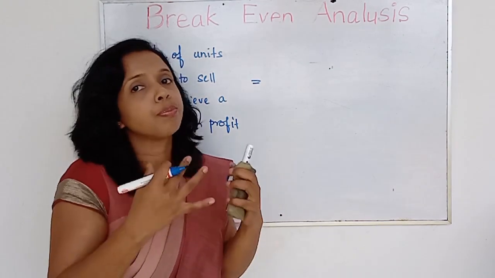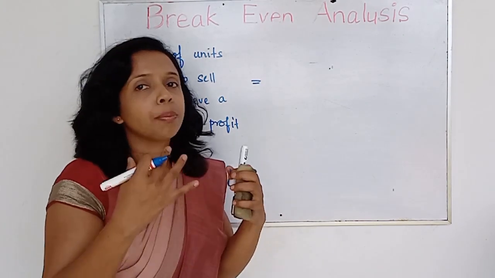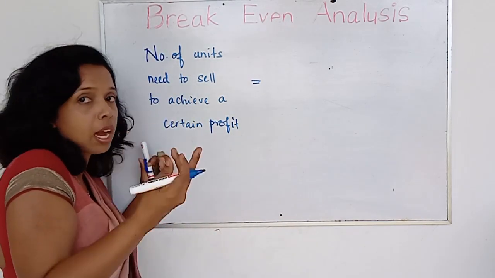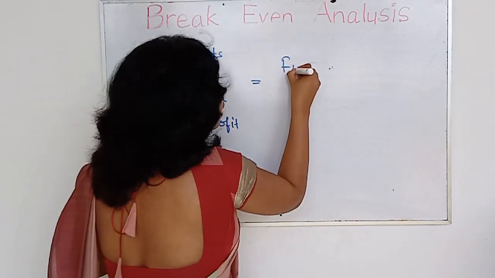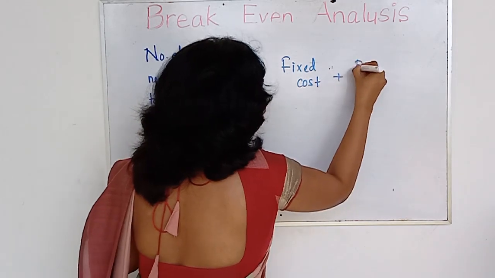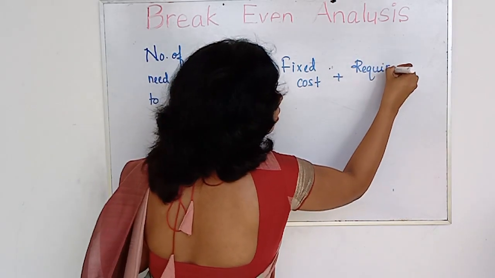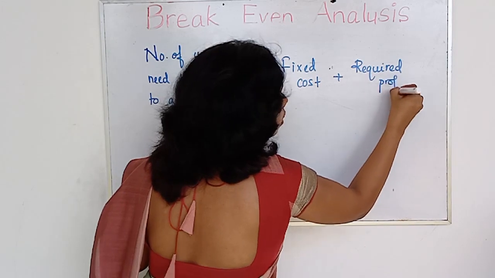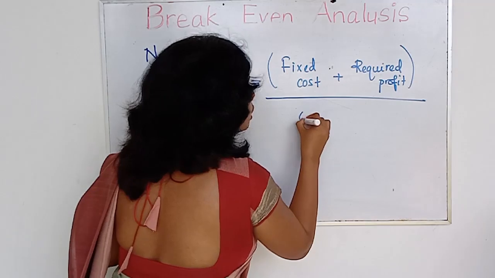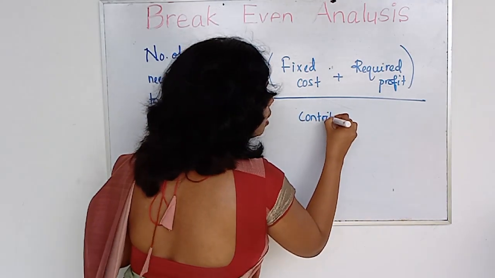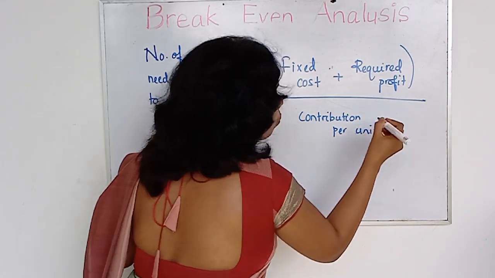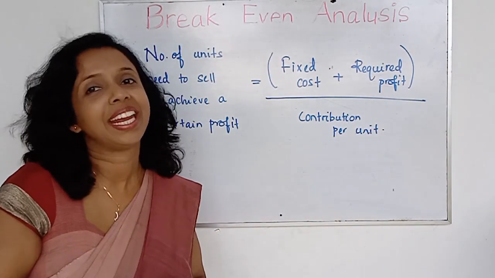Now, apart from the fixed cost, you want to think about that certain profit or the required profit. So how can you calculate it? Fixed cost plus required profit, divided by contribution per unit. That's the final formula we have in the break-even analysis.